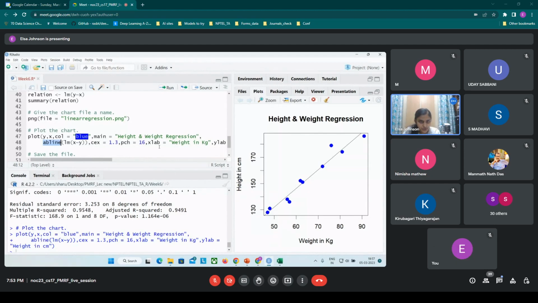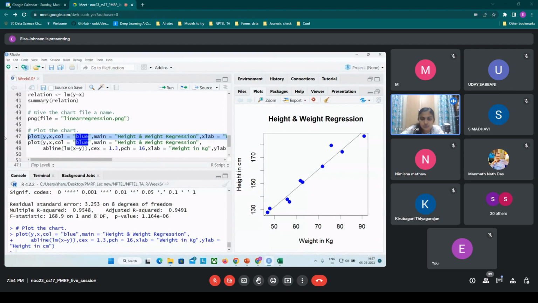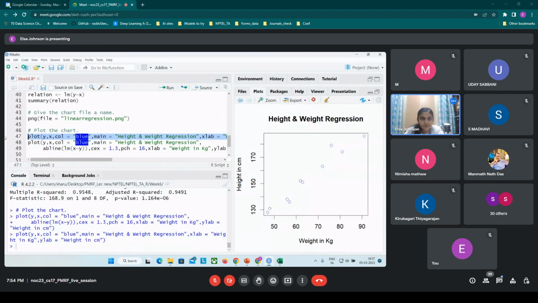So if you just give like that, for example, if you are just plotting like this and checking other values also. If you run just this one, you'll get this. Height and weight is there, and you're just plotting the input values and output values.